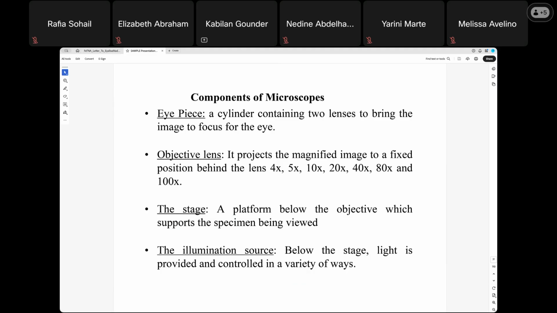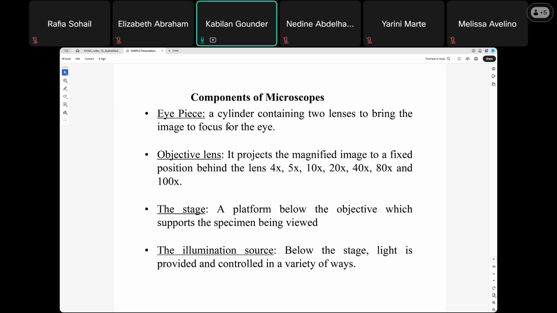The eyepiece or ocular lens is a cylinder containing two lenses to bring the image to focus for the eye. For example, when I look at the slides with your samples, my eyesight is different from your eyesight.